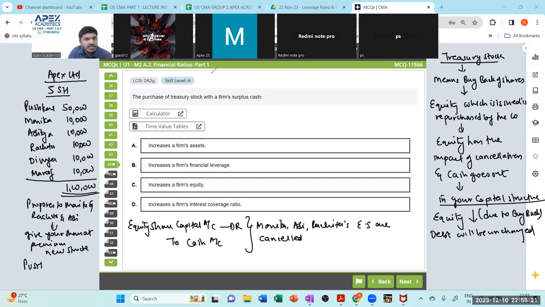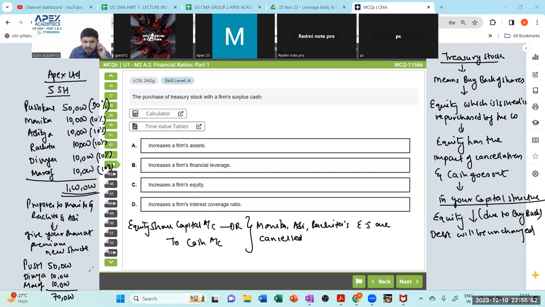Pushkar has how many shares? 50,000. Monica is gone, Aditya is gone, Rachita is gone. Divya is left with 10,000 shares and Maruf is left with 10,000 shares. Now there are 70,000 shares. Earlier, Pushkar was holding 50%, and the others 10% each.